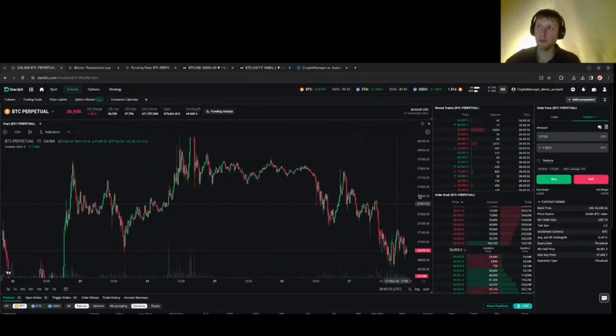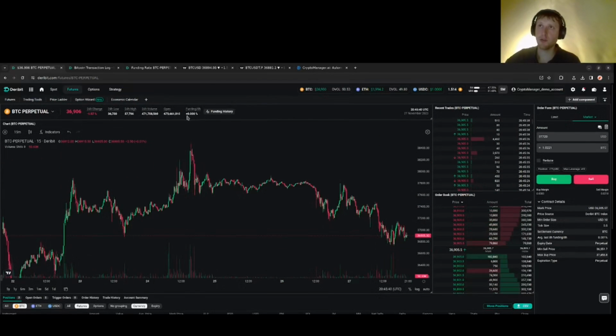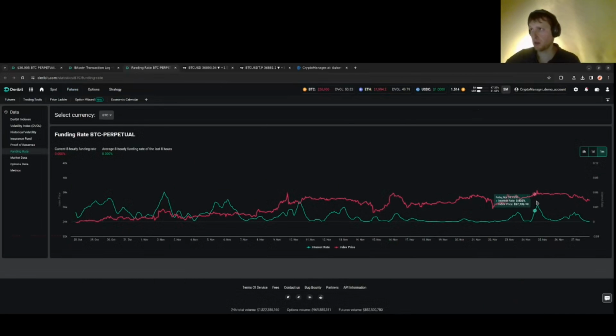Because when the market is very bullish and you have funding rates going super crazy, like here, for example, 0.033% per 8 hours is equal to about 4% per month funding. So if you keep long for one Bitcoin, you will pay 0.04 BTC per month just in funding. So it can be pretty painful, especially if you are holding big positions for a long time.